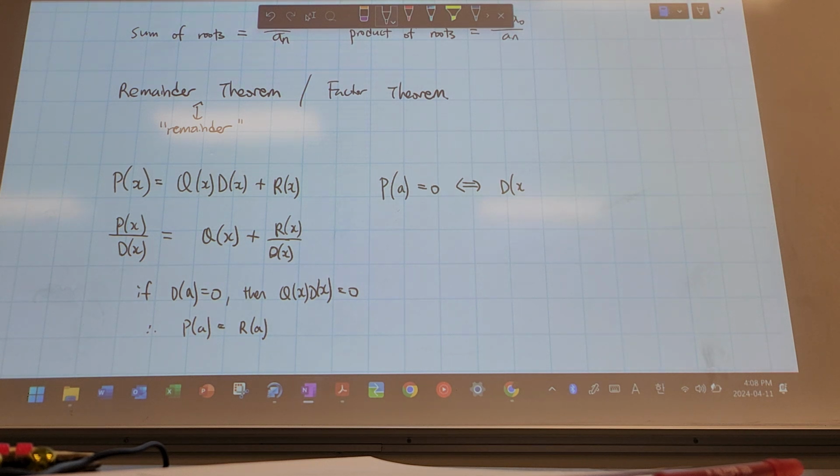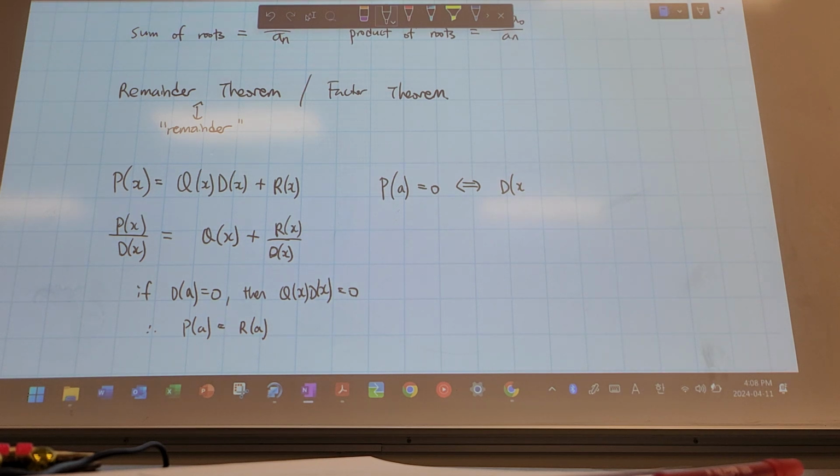You'll see a question where you're given a function and you know the remainder, and you're asked to find the divisor. Or if you know the divisor, you're asked to find the remainder quickly. Then instead of doing the division yourself, you can just compute p of a and find the remainder. And how can a divisor be 0?